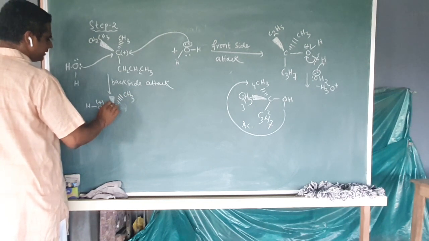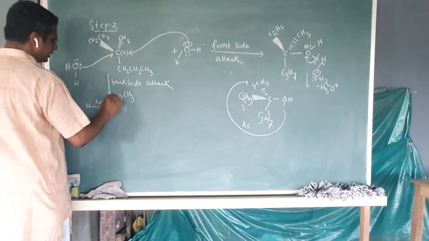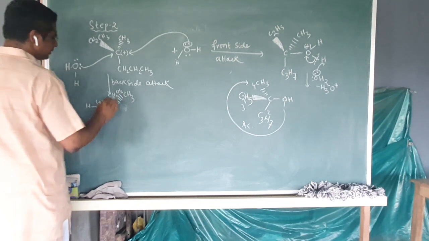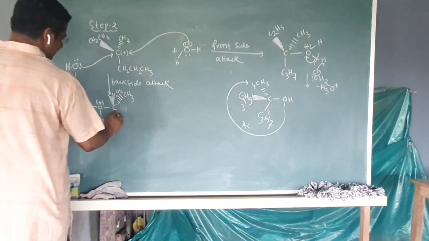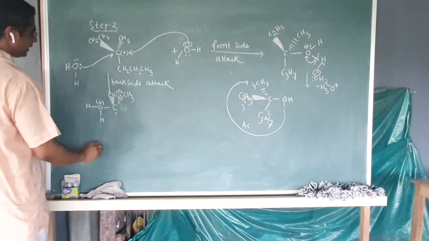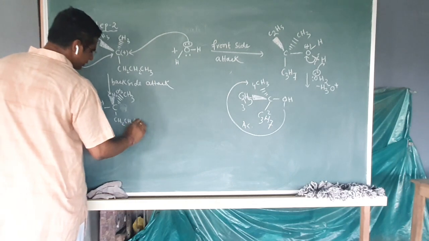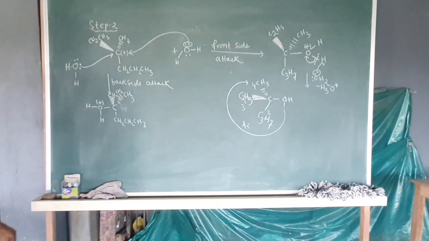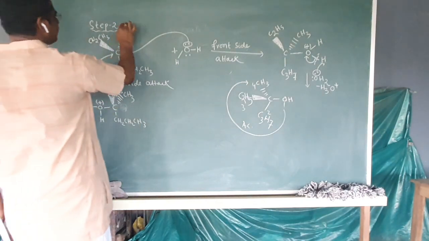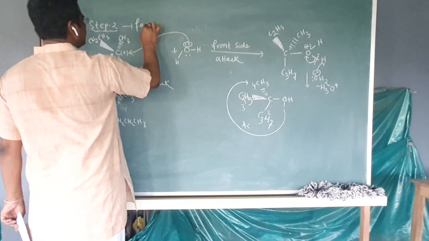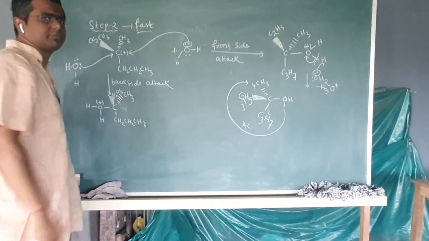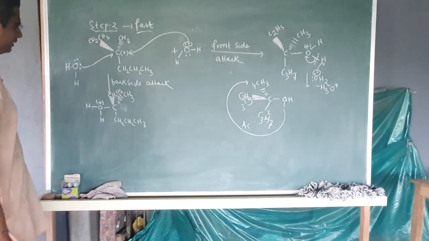Lot of space here, so I'll just show you CH2 CH. Now here it is CH2 CH2 CH. See, this step 2 is fast, not slow as the formation of the carbocation was.